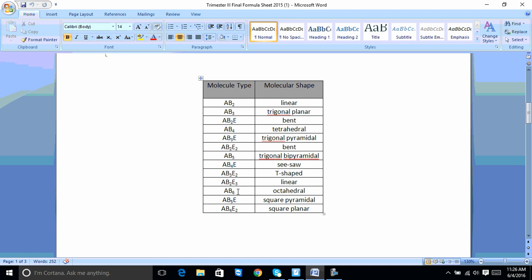Now, there's two other ones that are symmetric. This is square planar because squares are perfectly symmetric. I'll show you in the picture. And then the other one is if this linear is symmetric, this linear has to be symmetric.